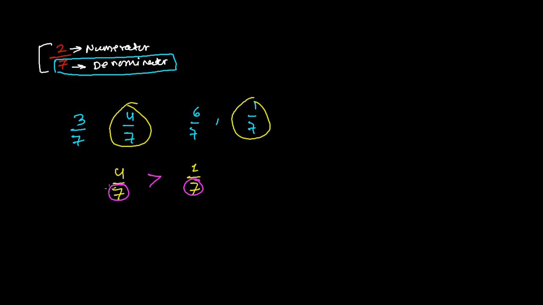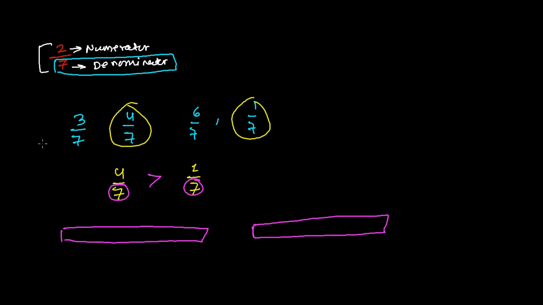So the numerator having the bigger number is always bigger than the numerator having a smaller number if the denominators are the same. It means something like this: if we have a big box here and here also, of equal size, both exactly the same, and there are 7 sections, 1, 2, 3, 4, 5, 6 and 7, all right, 1, 2, 3, 4, 5, 6 and 7.